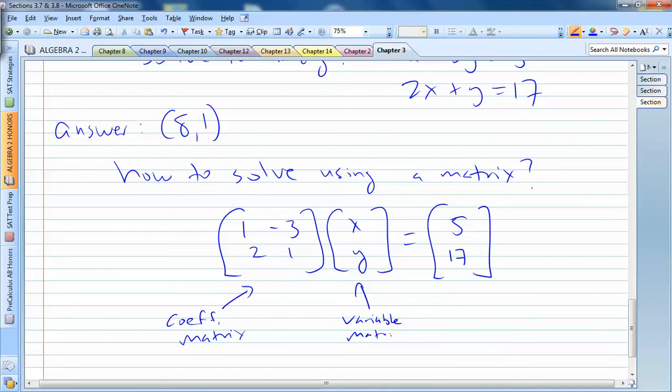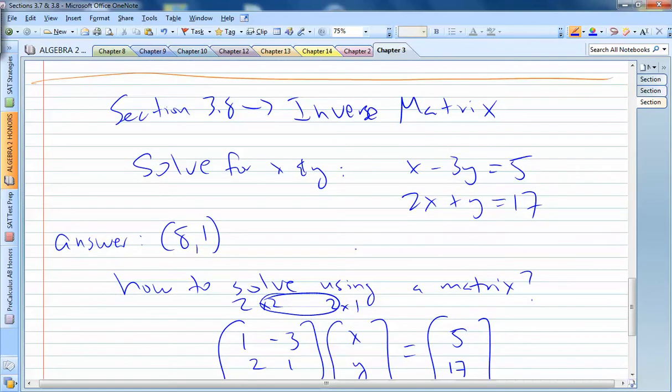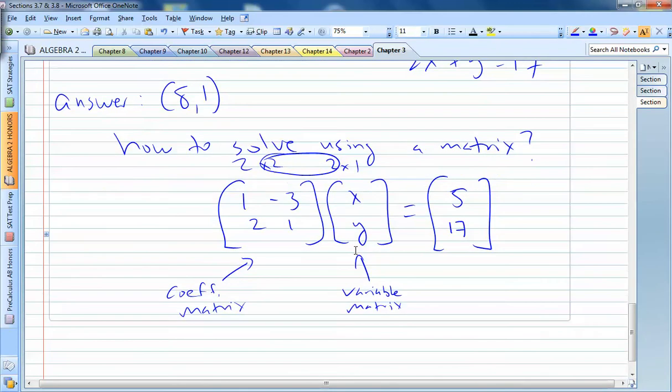I'm not sure what to call the other matrix, but this is a 2 by 2, and that's a 2 by 1. See how those match up? Plus, if I multiply these two matrices together, I would have 1 times x minus 3y, 2 times x plus 1y, which is exactly what I have right there. So you can reorganize your equation into these matrices.